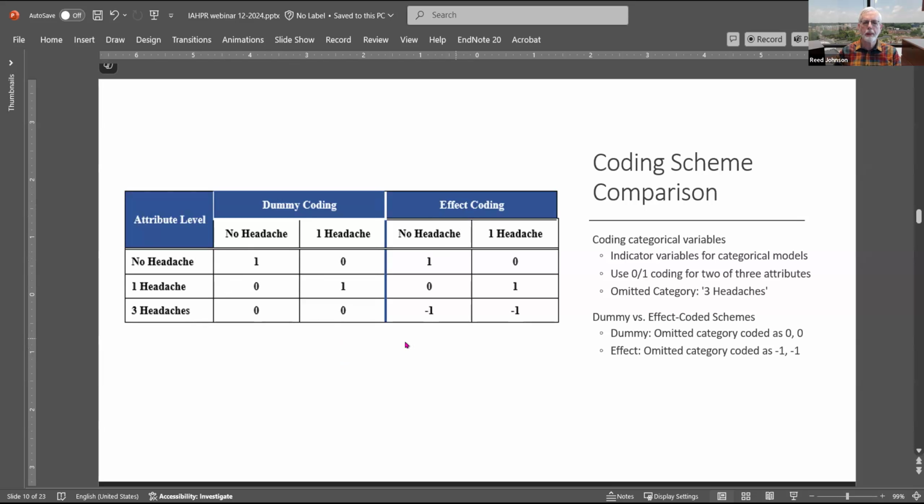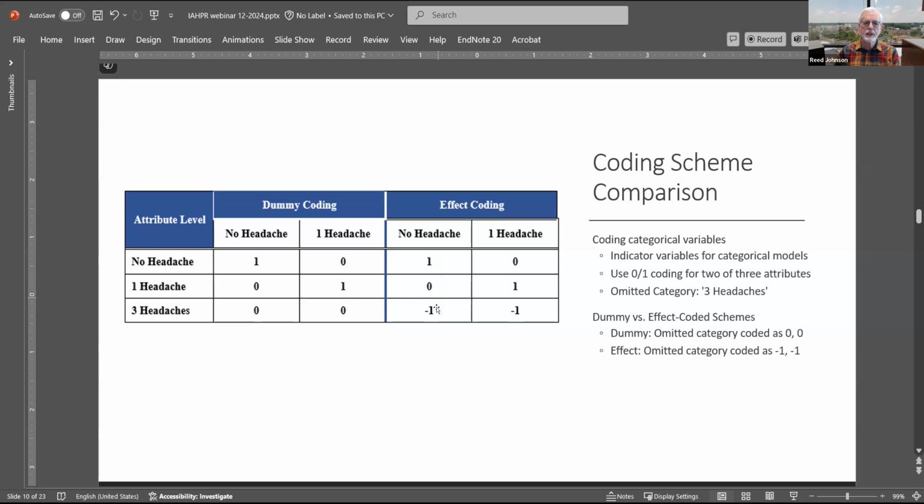Effect coding just changes what the reference value is, and it sets it to the mean effect. So 0 now is the mean effect, and anything less than the mean effect would be 1 headache. I don't know, it'd be 2.5 headaches or whatever.